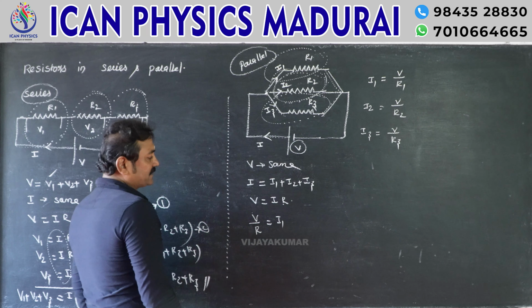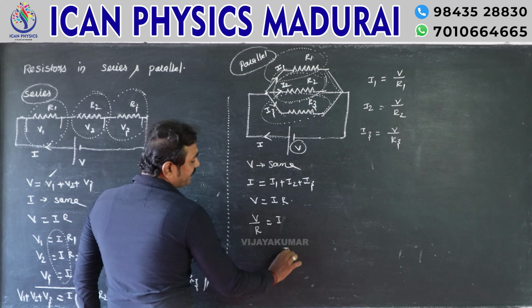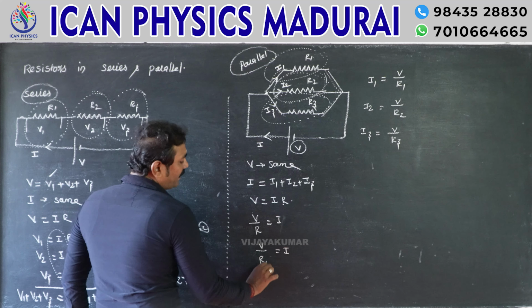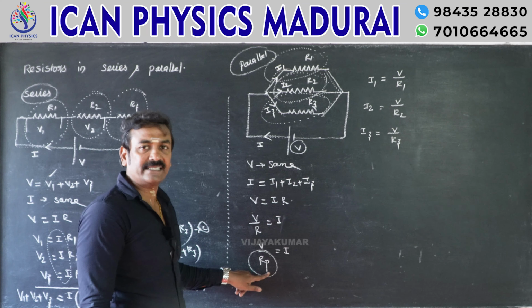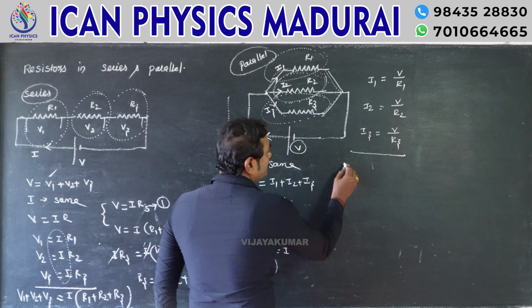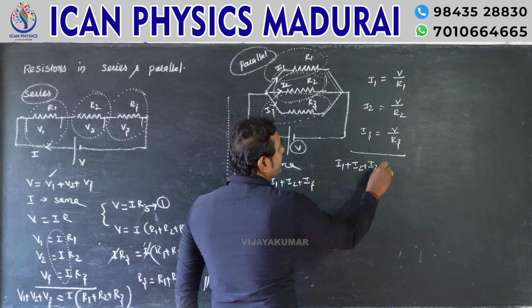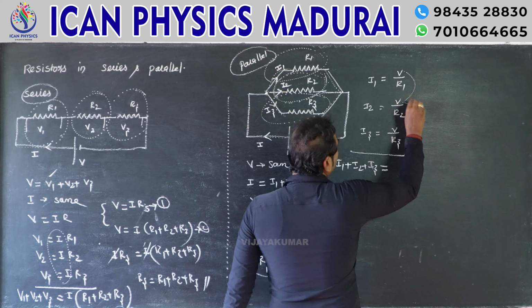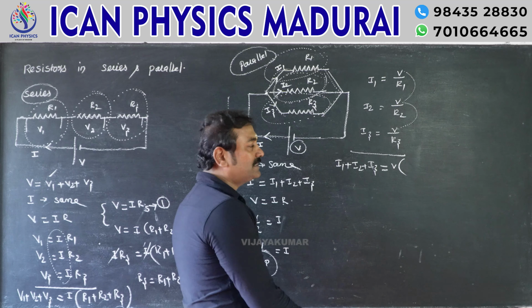For the general case, I equals V by RP. Why are we taking RP? Because the resistors are connected in parallel. Now we can add. When we add I1 plus I2 plus I3, V is common in all the terms and is taken as common.